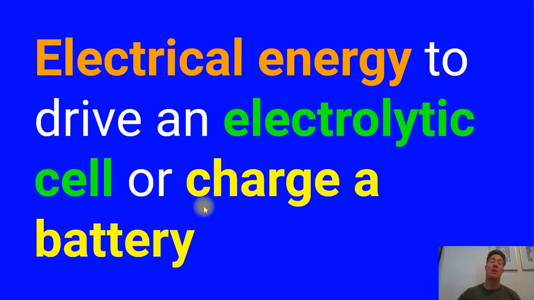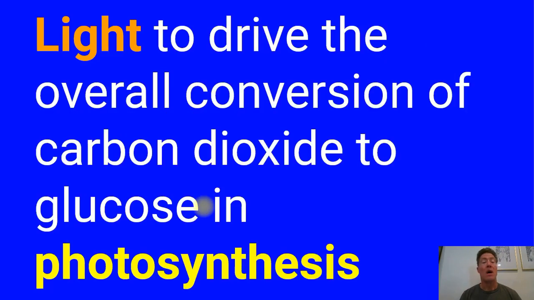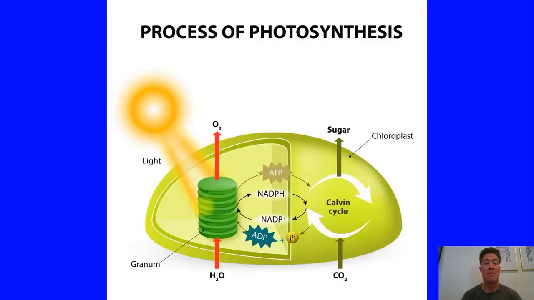A battery will discharge spontaneously, it will create voltage, electricity, but then to recharge it, we have to add energy. We can use light from the sun, for example, to drive photosynthesis. Again, that is a thermodynamically unfavorable process, but with an external power source, we can make it happen.